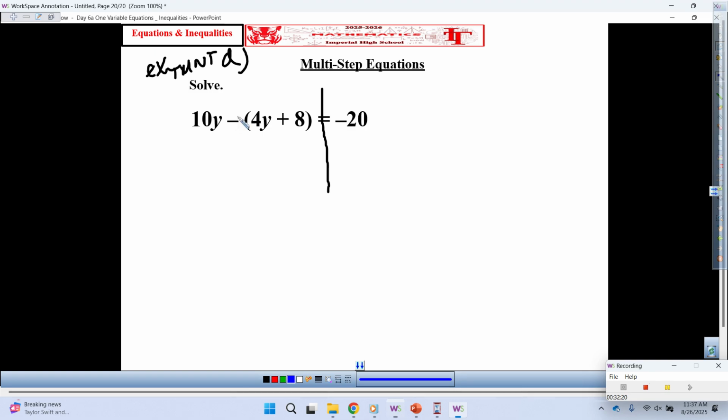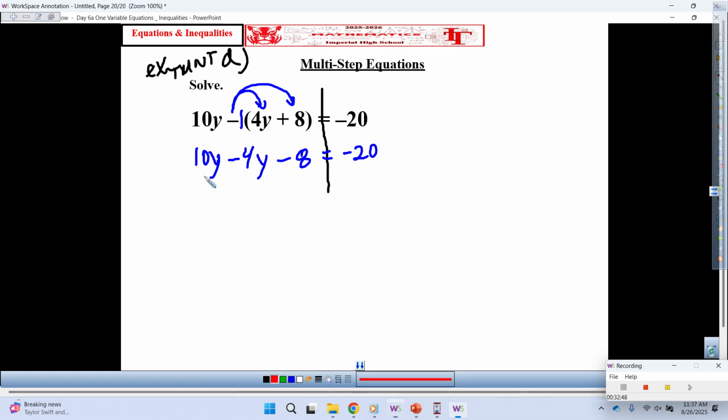Multiply, yes. What? The -1, yes. Distribute that into the parentheses. So bring down the 10y. -1 times 4y is -4y. -1 times 8 is -8. And all that equal to -20.